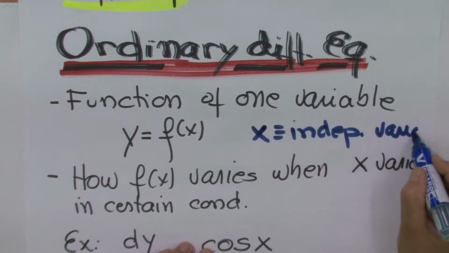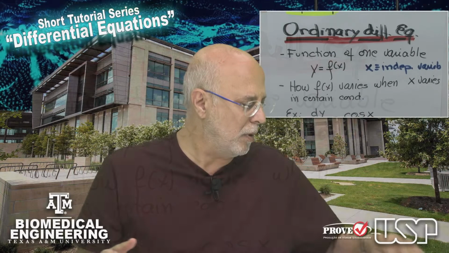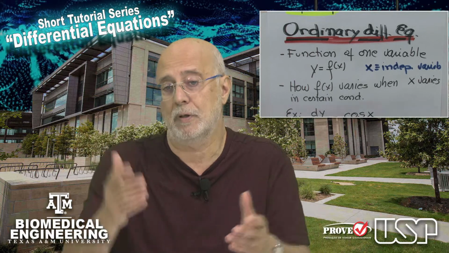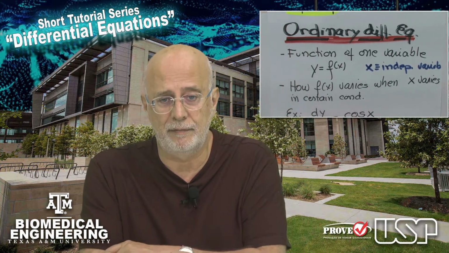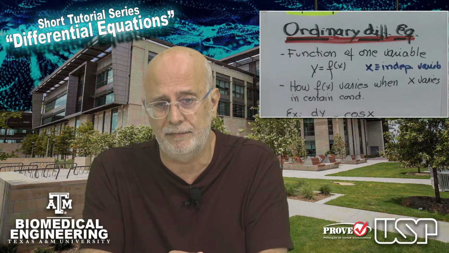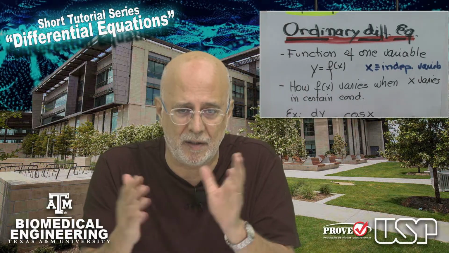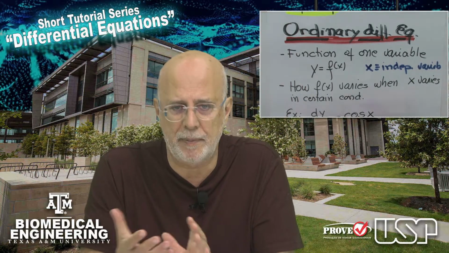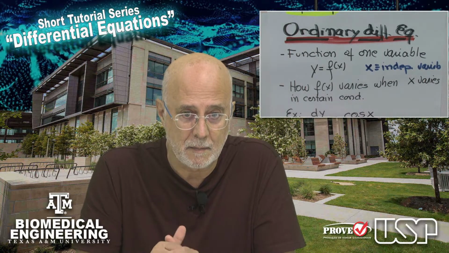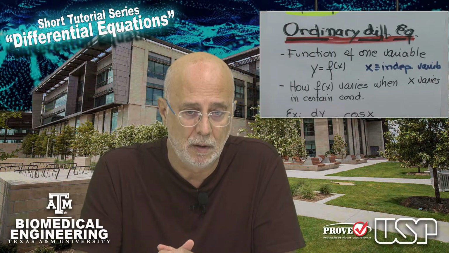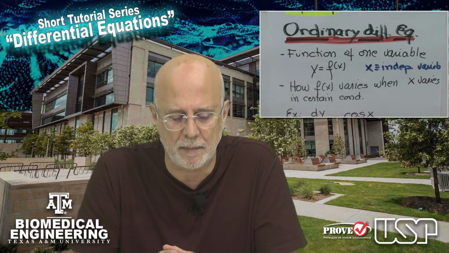There is something that I want to know that varies with that variable. So it could be temperature, and I want to know how the pressure of the body, the fluids of the body, the transport phenomena possible in the body, how everything goes on as temperature varies. Maybe it's not always like this. Sometimes I can have more than one variable, and that gets out of the scope of the ordinary equations I'm going to show.